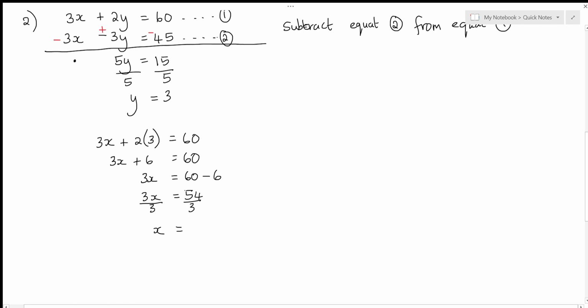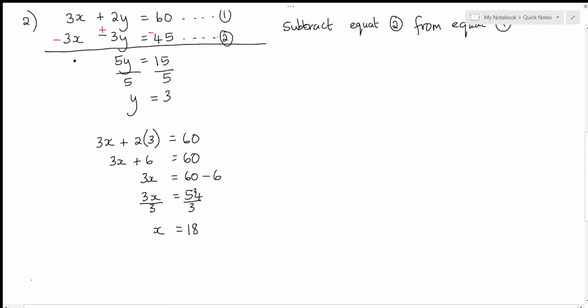And 3 goes into 5 once, remainder 2. So it's once here, remainder 2, and 3 goes into 24 8 times, so x is equal to 18. So here we've solved for y equal to 3 and x equal to 18.